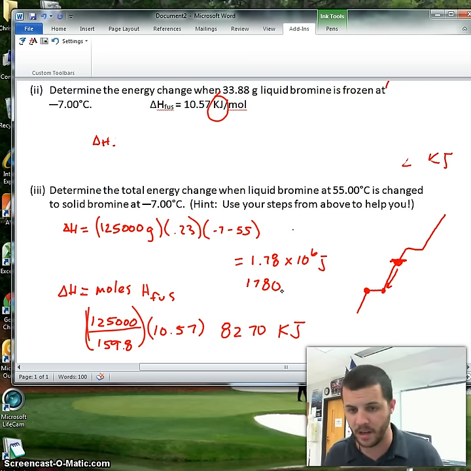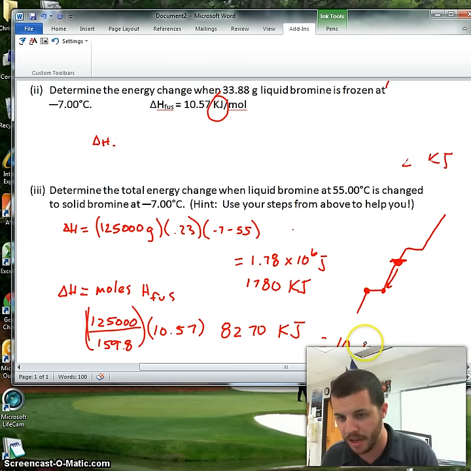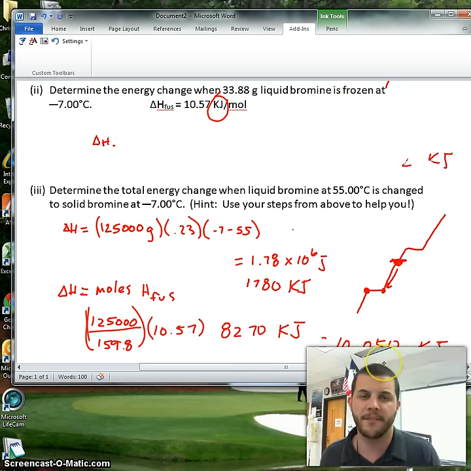Yes, 1,780 kilojoules. And so now it's as simple as just adding these two values together. When I add 1,780 plus 8,270, I get 10,050 kilojoules. So the amount of energy that it takes to get from here to here would be 10,050 kilojoules.